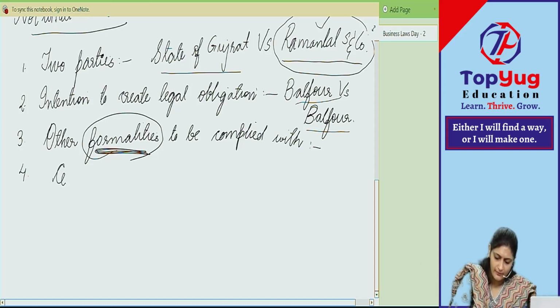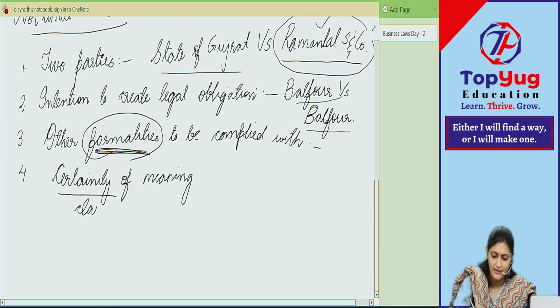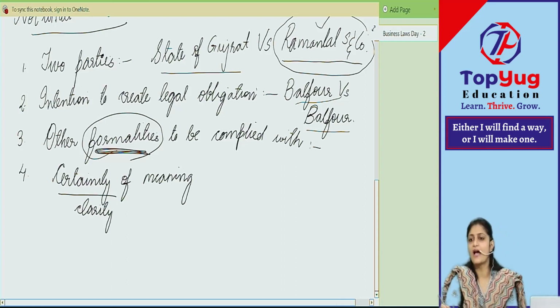Certainty of meaning. Certainty of meaning is nothing but clarity in the meaning. What do you mean by certainty of meaning in this case?